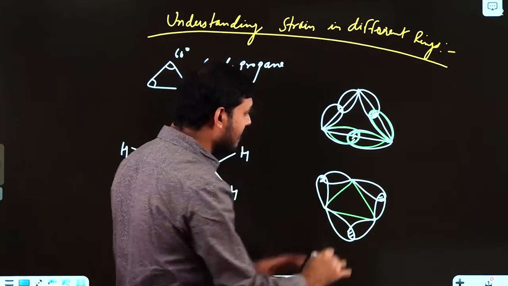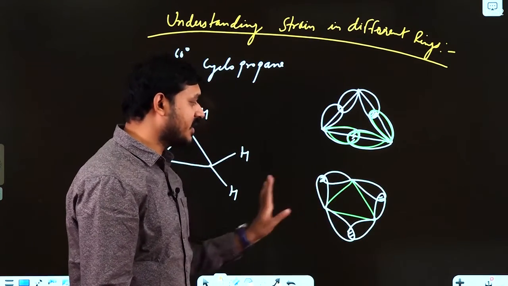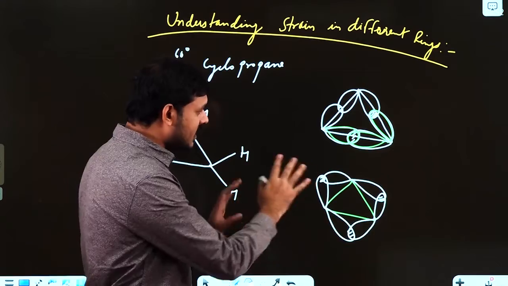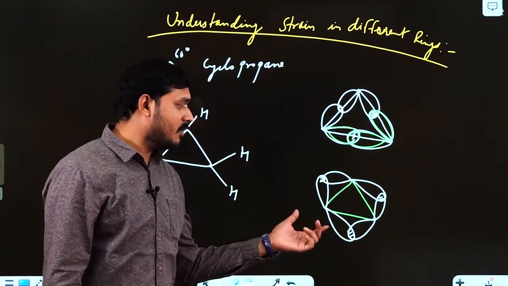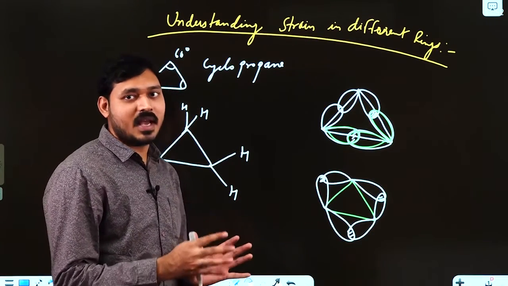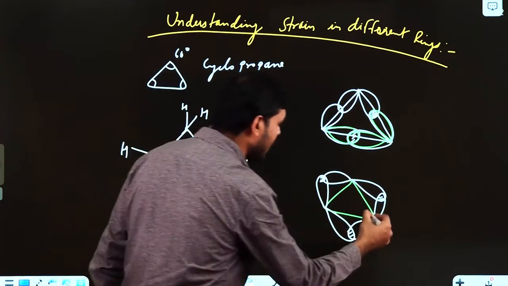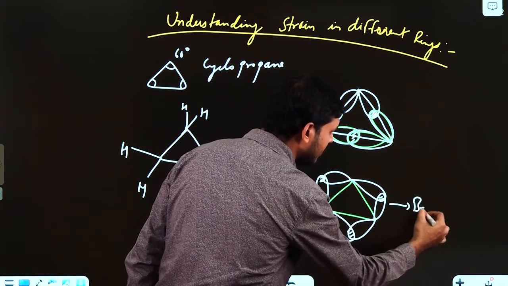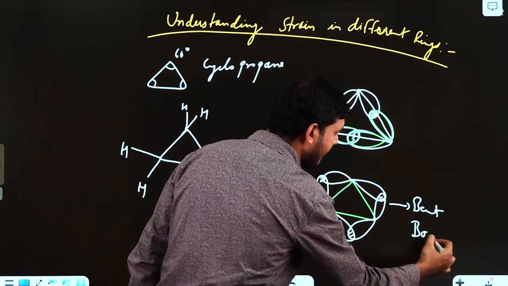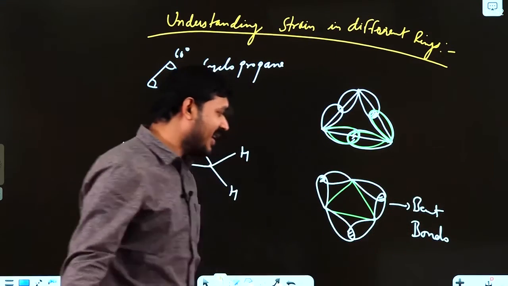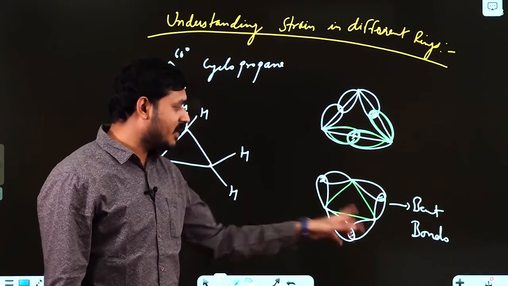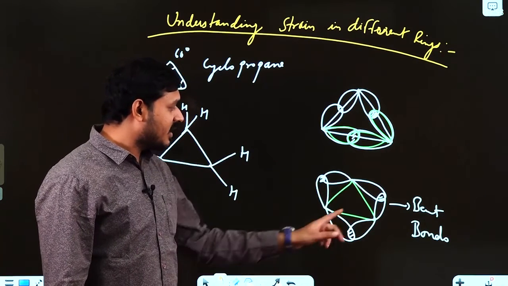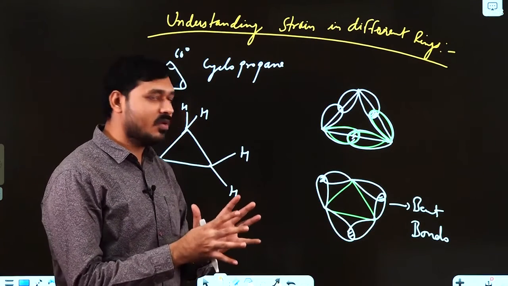So it is slightly bent, as you see and imagine. This is the reason why 3-membered rings are considered as having bent bonds. It is not a perfect bond; this will be called bent bonds, okay?